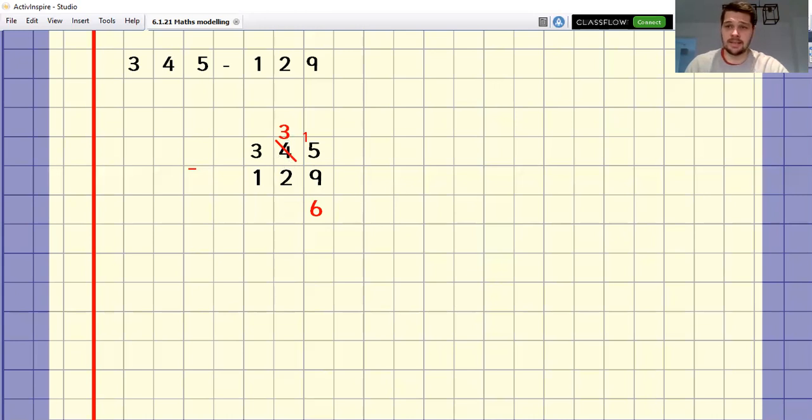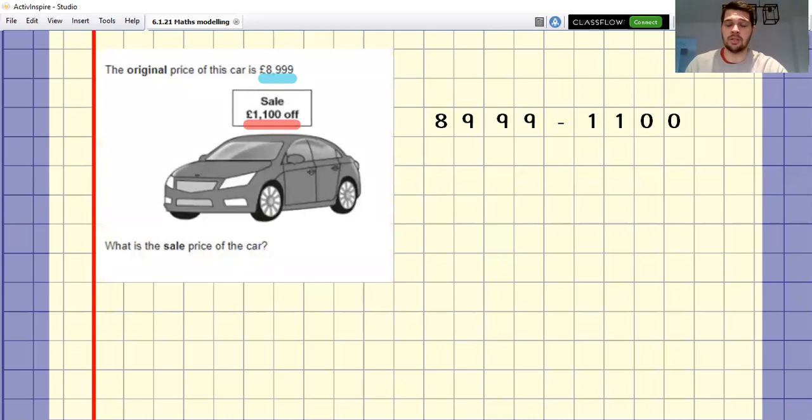My 3 10s take away 2 10s is 1 10. And 300s subtract 100s is 200. So 349 take away 129 is 216. Okay, let me just move my picture over here.